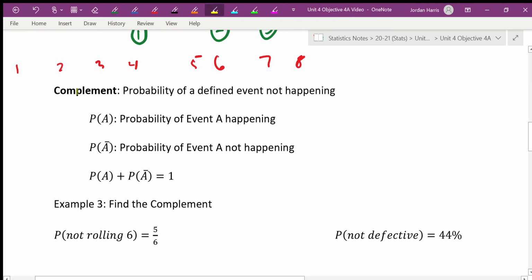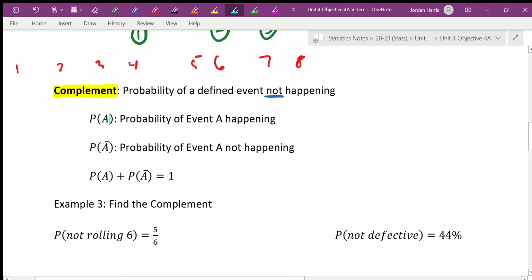Next is the complement. The complement is the probability of a defined event not happening. That is a key phrase right there. This is when it does not happen. So if we have some sort of event, the complement is basically the opposite. So if you have event A, I'm going to highlight this in blue so you remember.